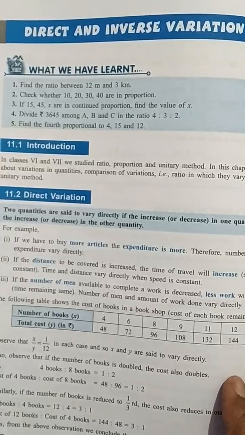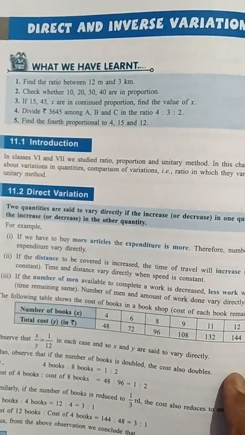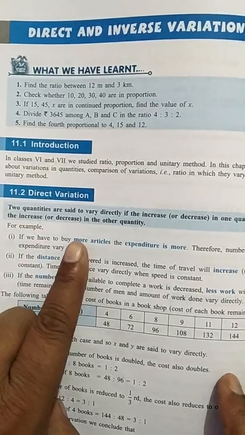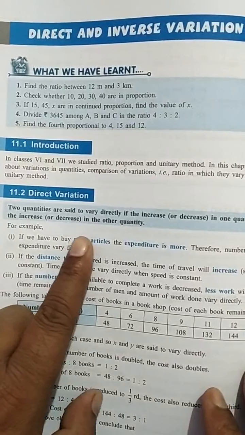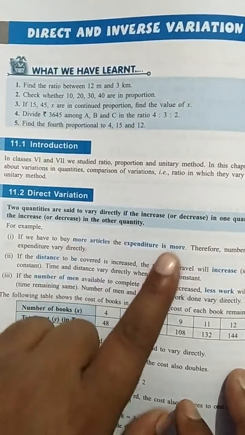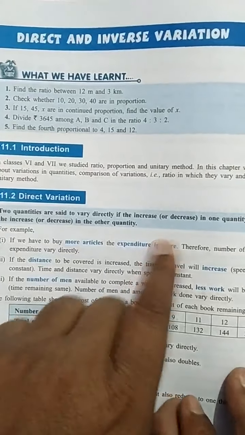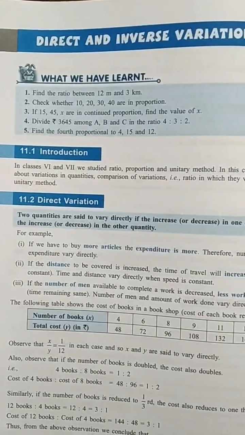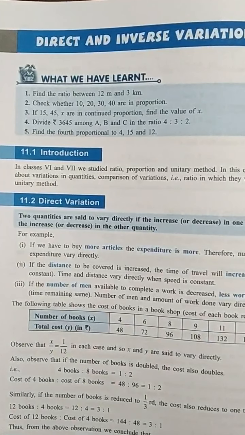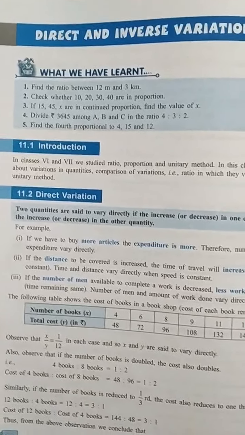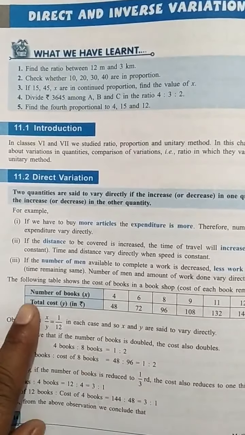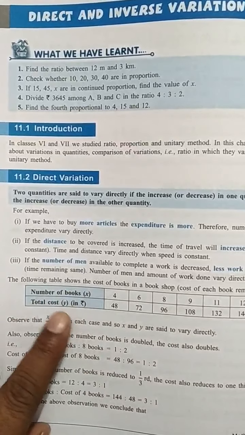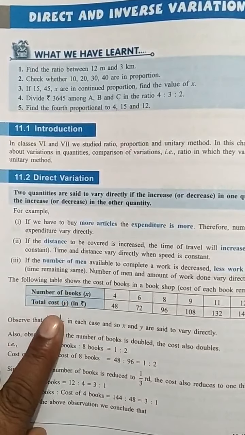Its definition is: two quantities are said to vary directly if the increase in one quantity results in the increase in the other quantity, or the decrease in one results in the decrease in the other. For example, take the number of books and their cost.